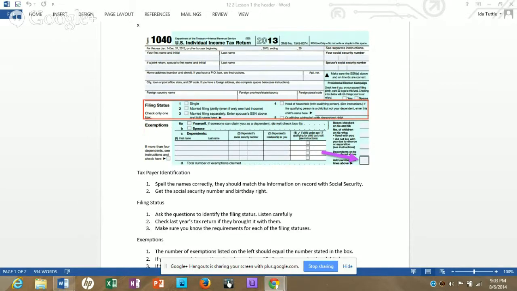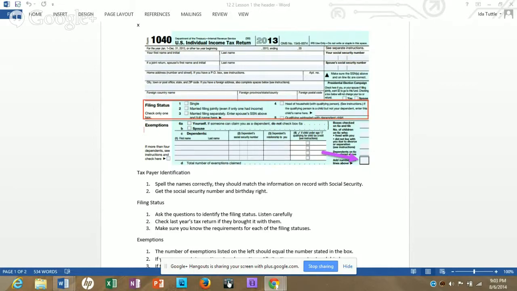And if they are under 17, qualifying for the child tax credit, you get to put an X there. And you're going to count all these that are children, and put the number of children here, all right?